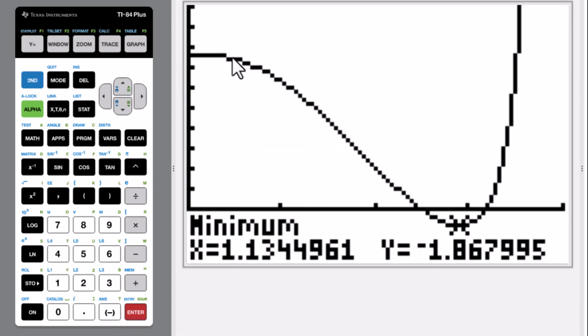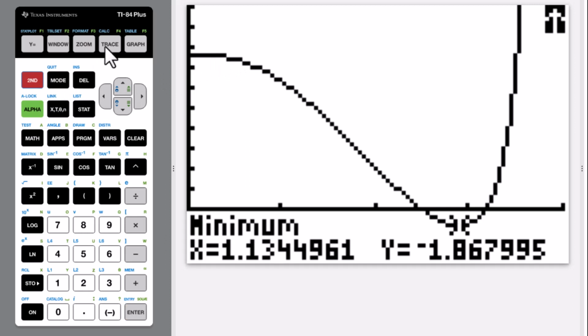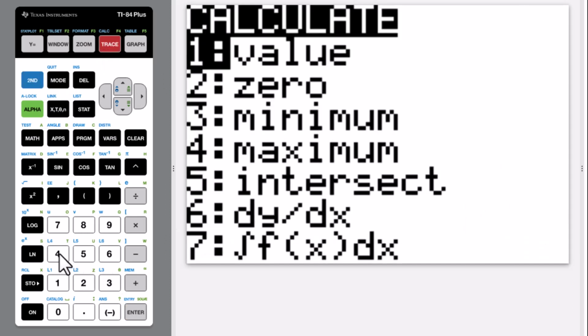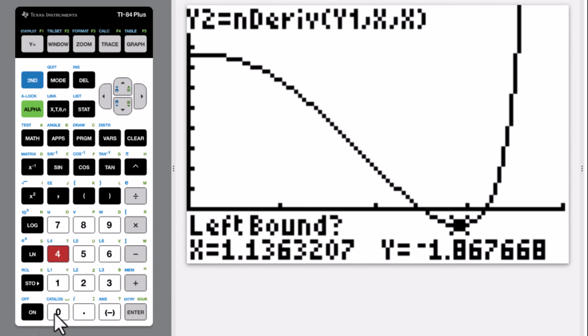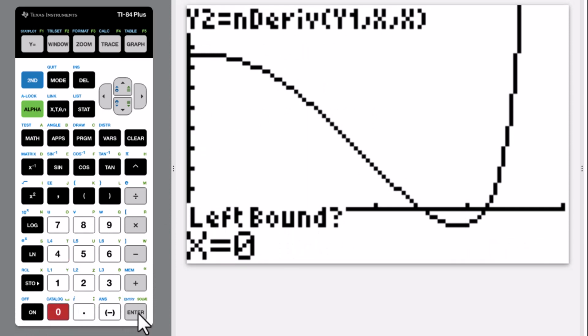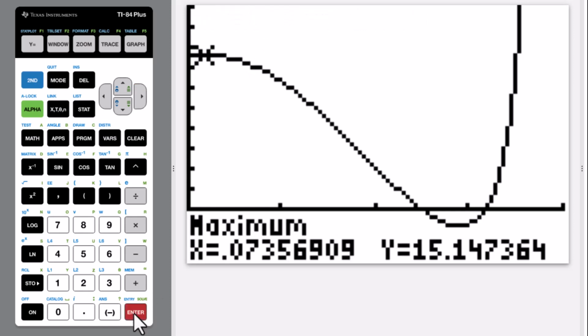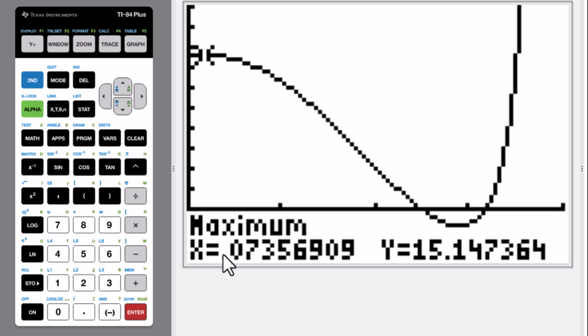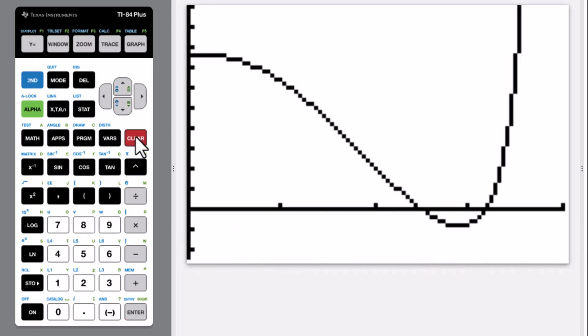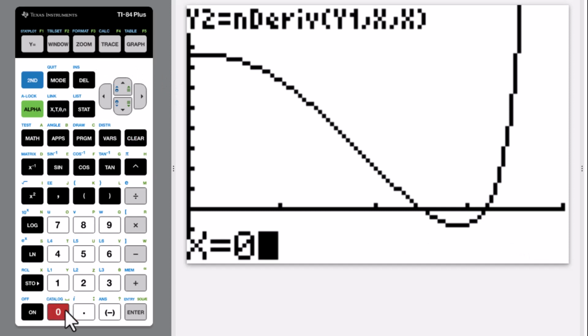Then we need to figure out the maximum value here. Second trace, 4. Left bound, let's put a 0. Right bound, just move the cursor to the right side of that maximum value. Then we get the maximum value at x equals 0.0736.